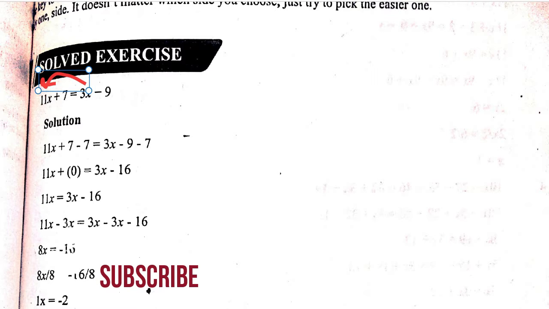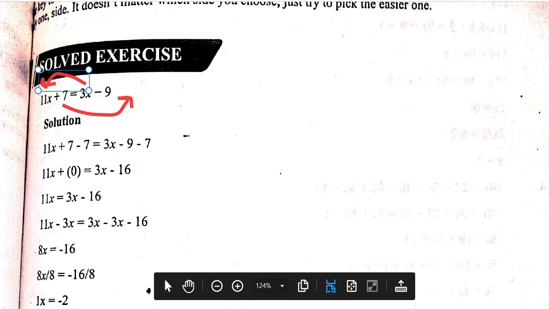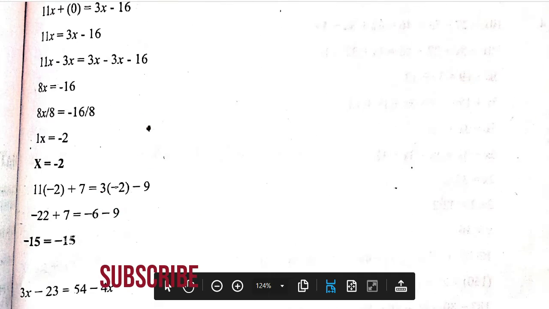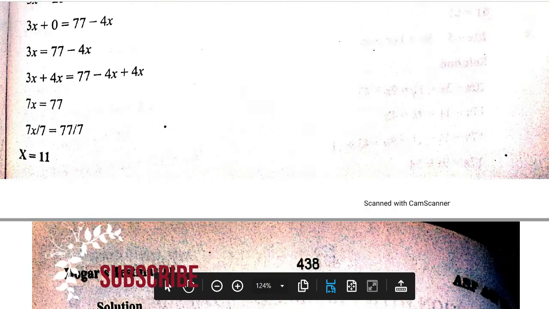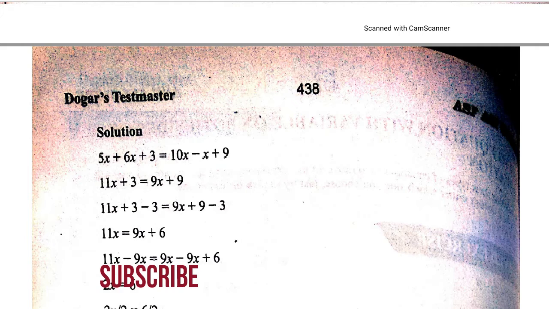Similarly, we will take plus 7 on the right side, so this will be equal to minus 9 and minus 7, so this will be equal to 16, so the final answer will be equal to 2. Similarly, other equations can be solved by this method.